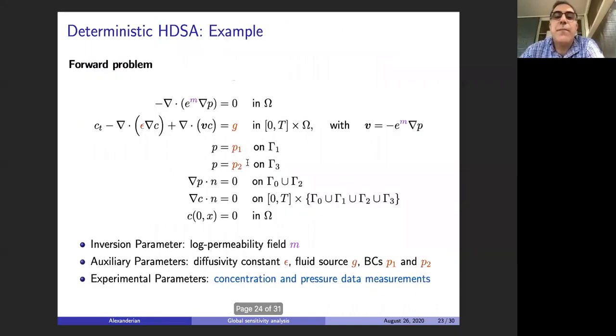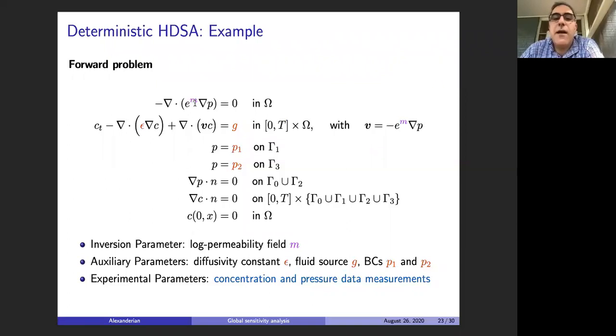intuition. So here's the inverse problem we considered. It's a transport of a contaminant, or not necessarily contaminant, some tracer in a geological formation, single phase flow. The first PDE is the pressure equation. The second one describes the transport. C is the concentration.